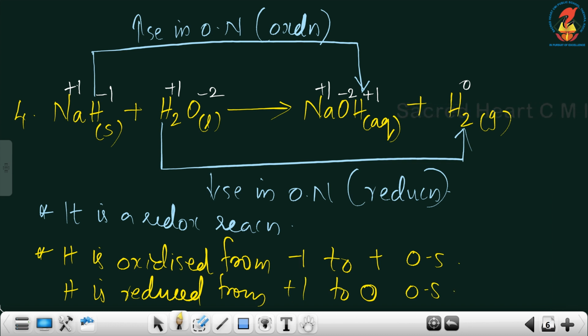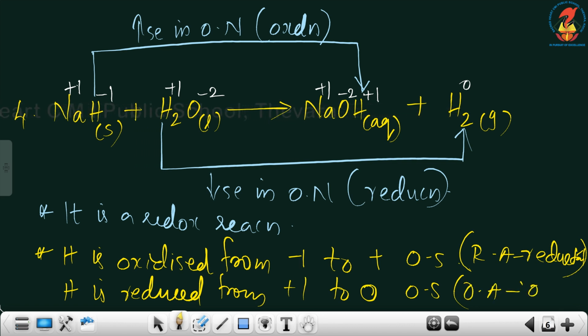So this hydrogen which is undergoing oxidation will be acting as the reducing agent or reductant, and the hydrogen which is undergoing reduction will be acting as the oxidizing agent or oxidant.